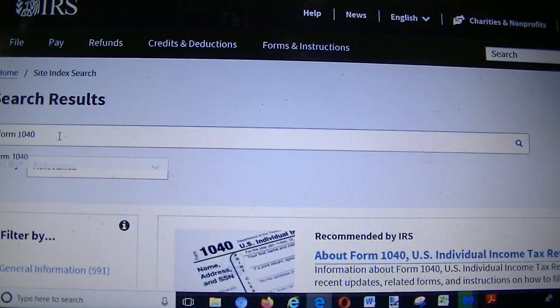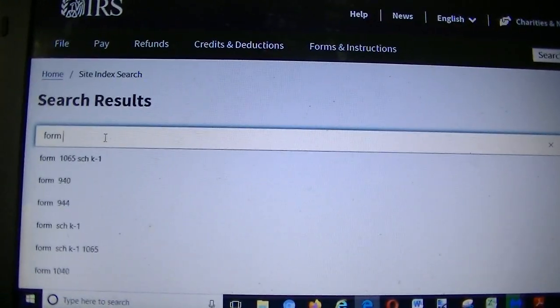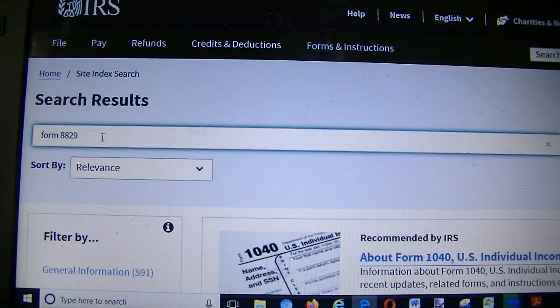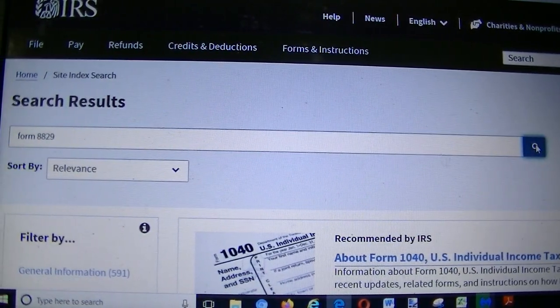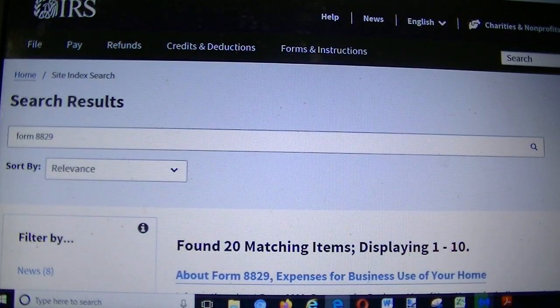And let's just put form 8829. And when you enter, it's good to click on the search things here. If you click enter, sometimes it does not understand it. So that's the form here.